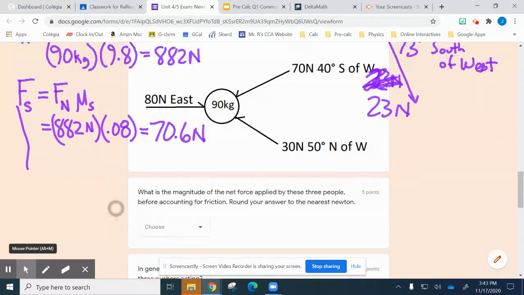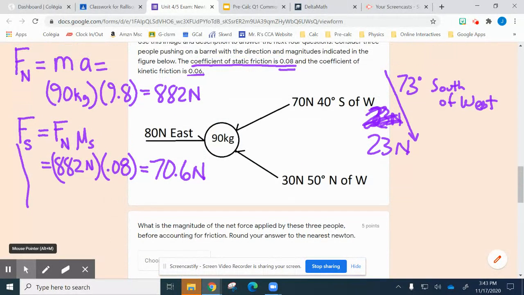Now, just to get the whole thing down here, if this number here was less than this number here, let's say this number was 18 newtons, then it would slide.